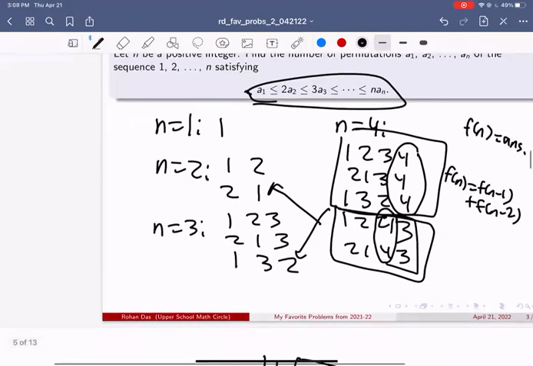Oh yeah. So by looking through a few examples, we can notice that the largest number usually is not near the front. It's either in the last place or the second to last place.